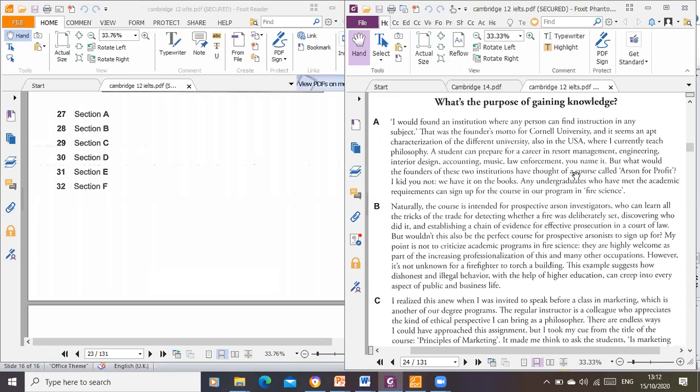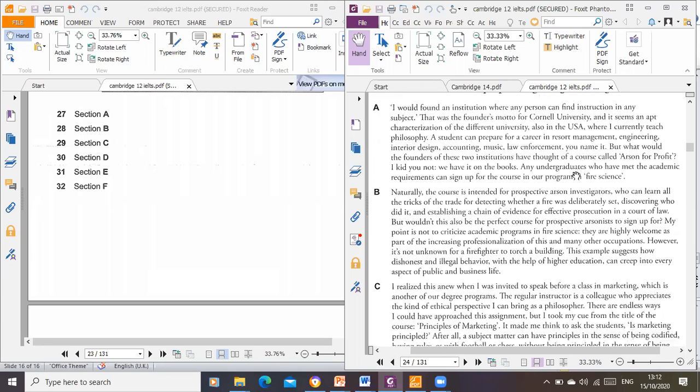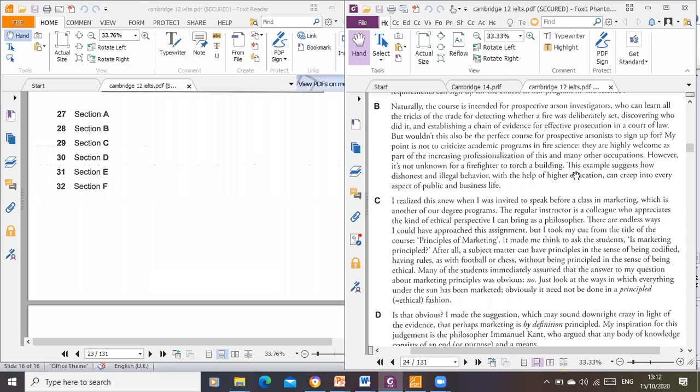Now, at this point, it's not as though I want to understand everything, okay? "Naturally, the course is intended for prospective arson investigators who can learn all the tricks of the trade for detecting whether a fire was deliberately set." So the purpose of the course, that's what this place is talking about.